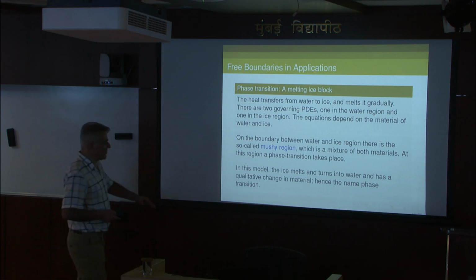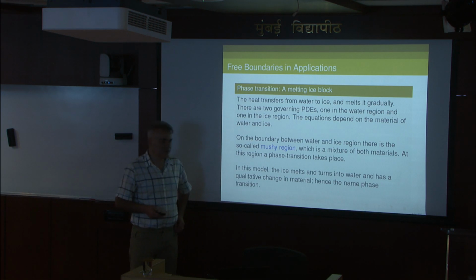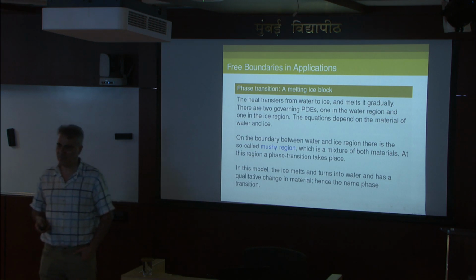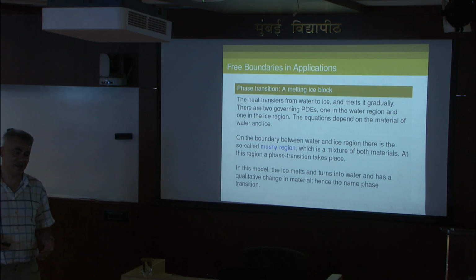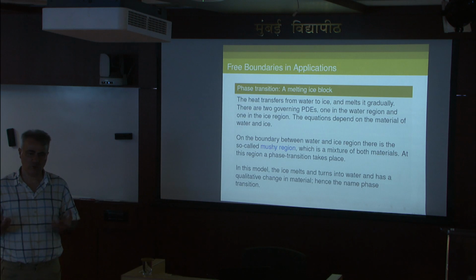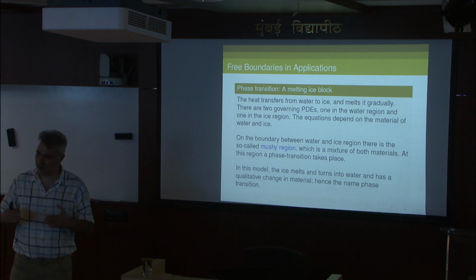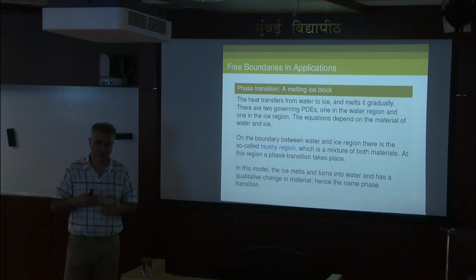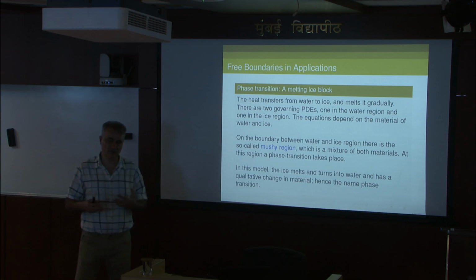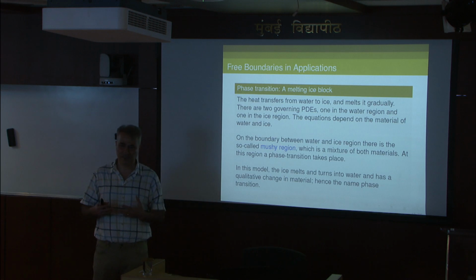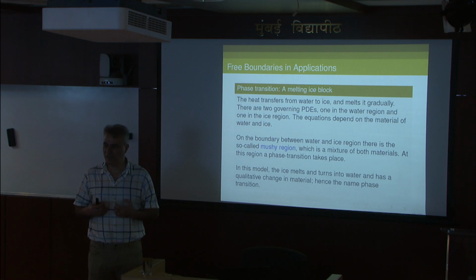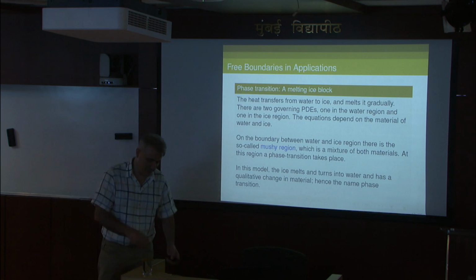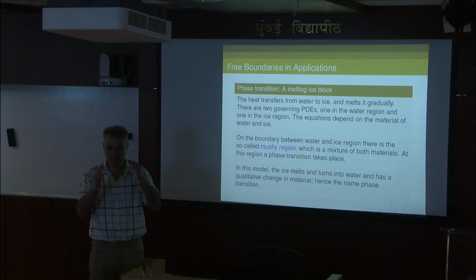So there's a phase transition here. When phase transition happens, it gives you actually two different types of PDEs, possibly, and across the phase transition, which is the free boundary, there's sort of another PDE, which is of lower degree. So you have a PDE, which is a little bit unusual to think of a PDE on the surface.